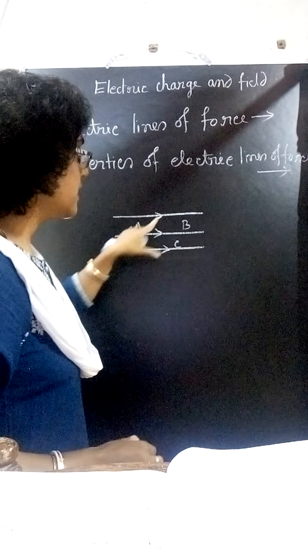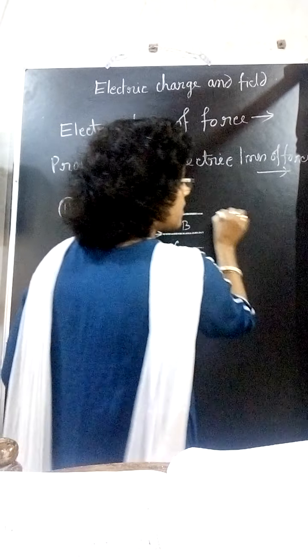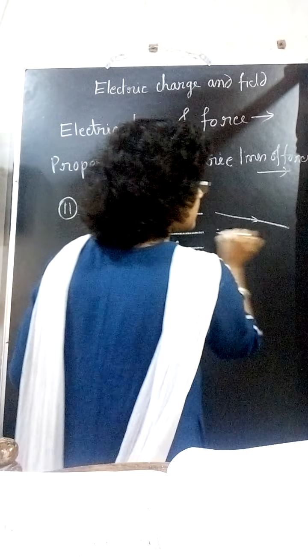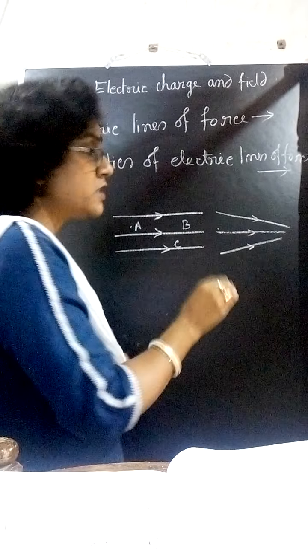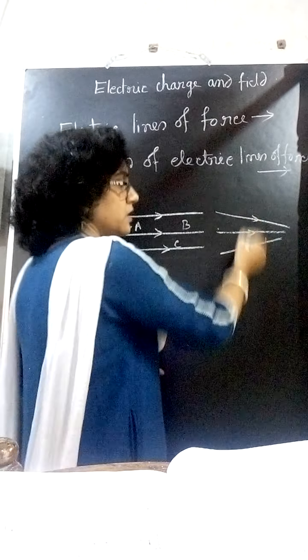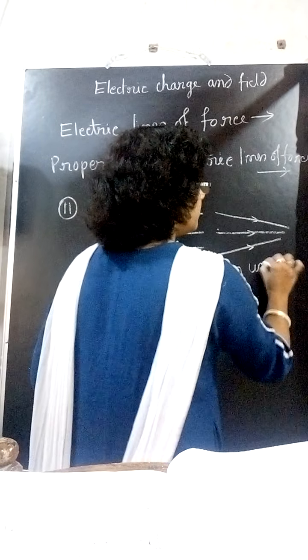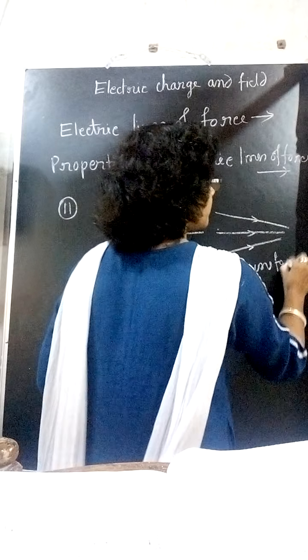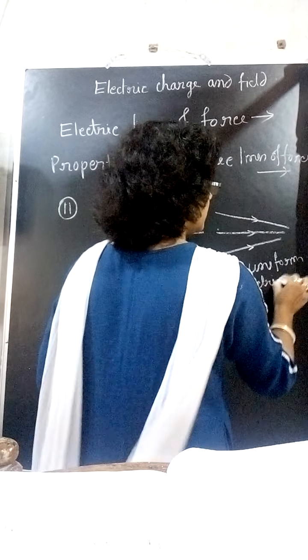That is, at point A, point B and point C, the electric field will be uniform. But see, if the lines are not straight, not parallel, not equal interspace, then it will give a non-uniform electric field.